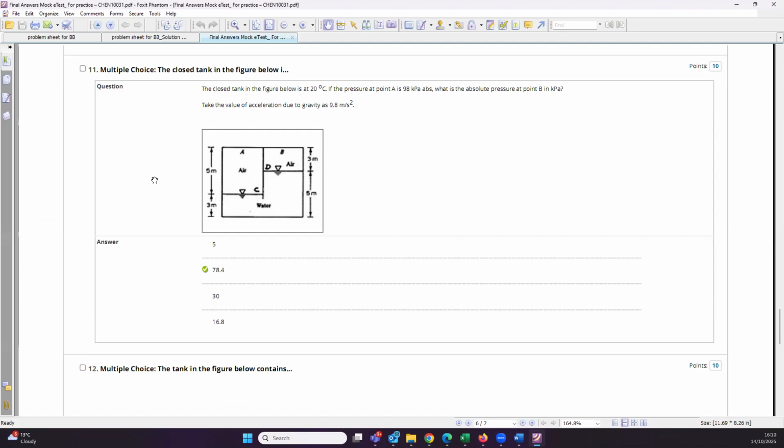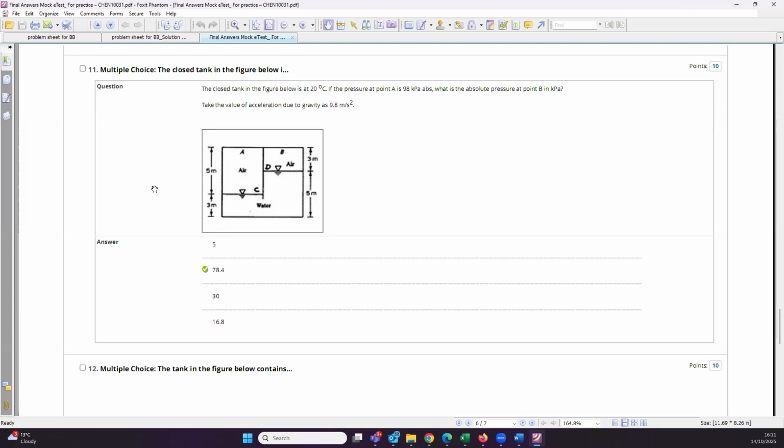Just be careful, please: remember that when I went through the lecture, I explained that rho gh is only for liquids, okay? If you go back to the slides and look at the calculation, we assumed that the density of water was constant. That's the only reason you could derive that equation. In the in-person lecture 2, I went through a very small calculation, without going into detail, that showed what would be the case for air. We started with the same equation, but then I didn't take rho as constant.